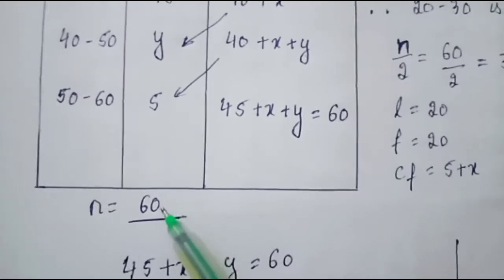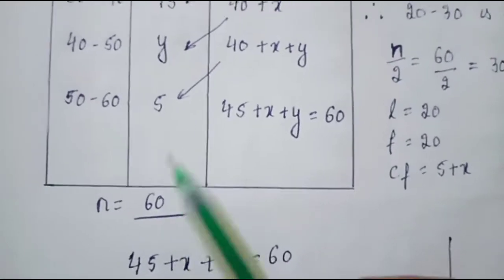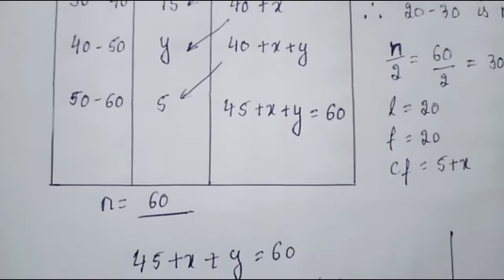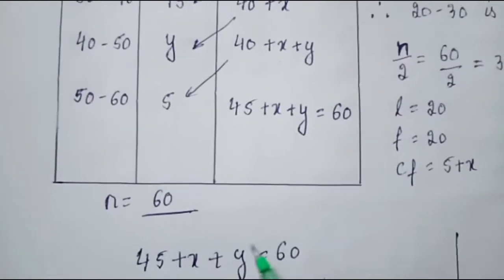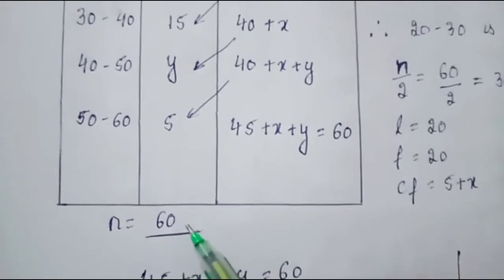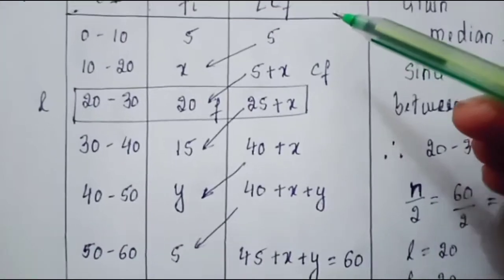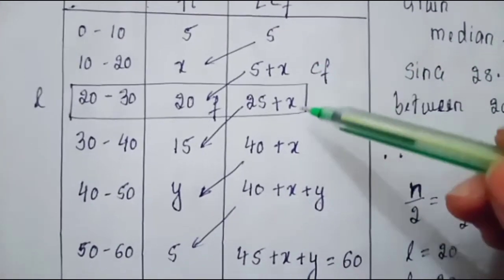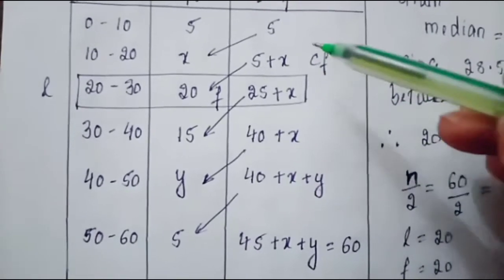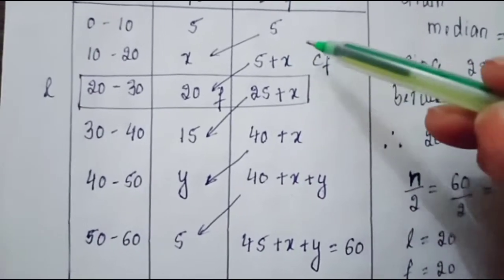Suppose n is 60, what is the median class? The cumulative frequency of the median class will be nearest to n by 2 or greater than n by 2, that is 30. But once you check the LCF, I cannot guess where 30 is here. It is very difficult, because of the unknown variable x.